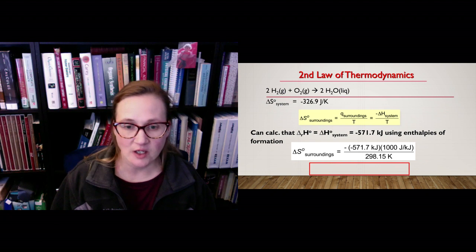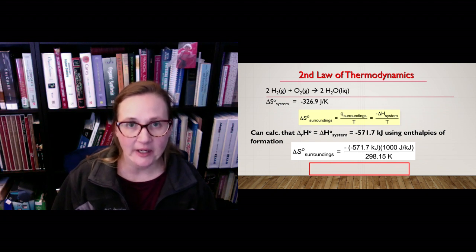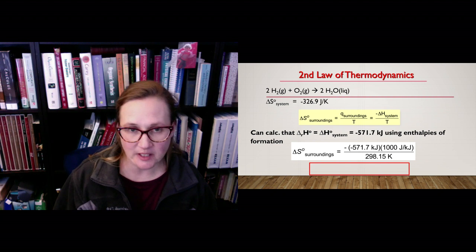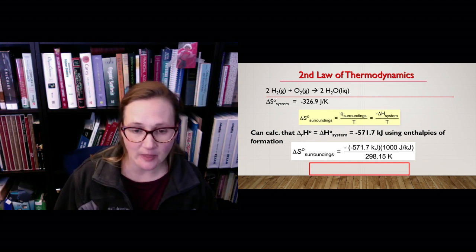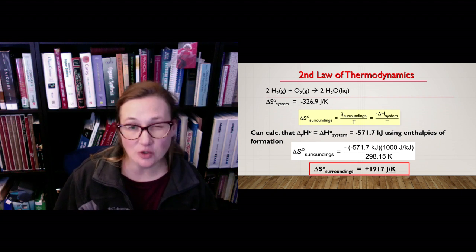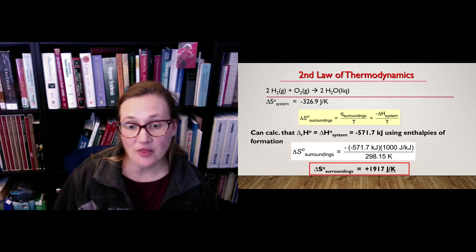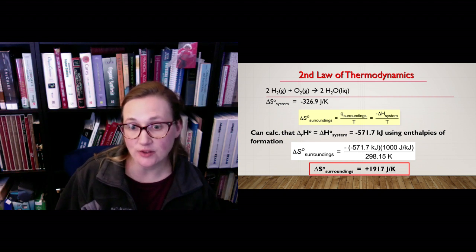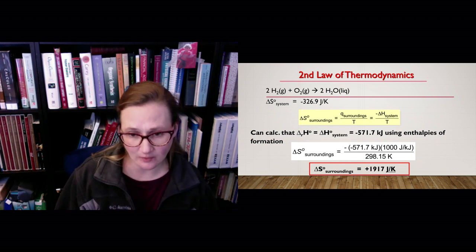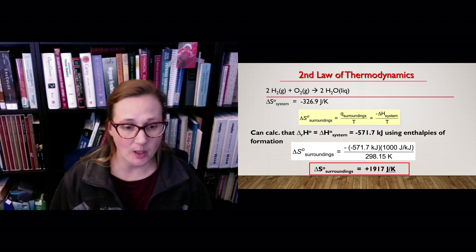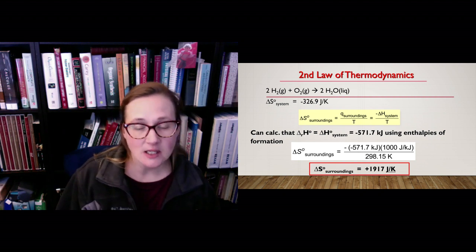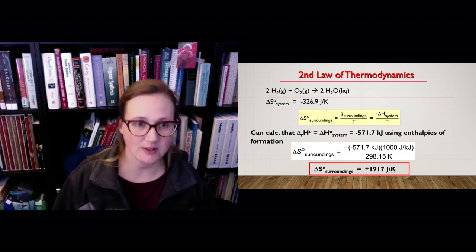All right, so we're going to convert to joules, and we're going to divide by the temperature in Kelvin, 298.15 K. And when we solve for that, we get the entropy of the surroundings to be positive 1,917 joules per Kelvin.